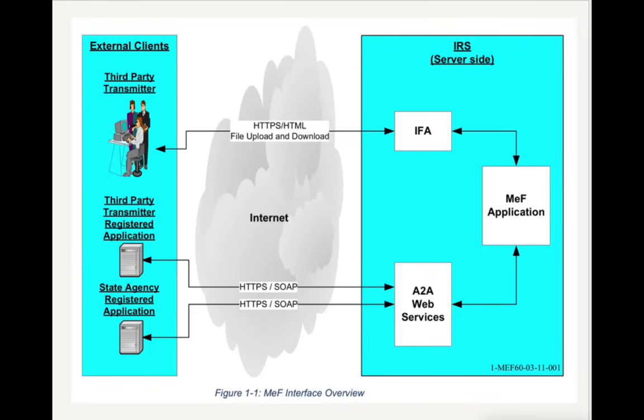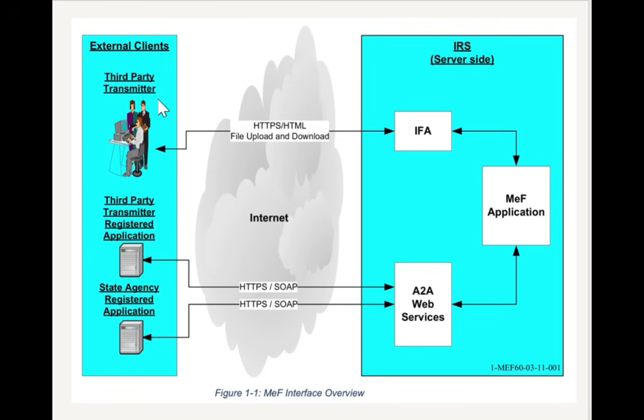So this figure shows the MEF and interface overview. On the left you see the external clients, which include third-party transmitters, third-party transmitter registered apps, and state agency registered applications. So these are the main entities.